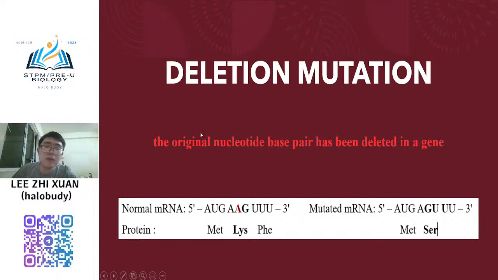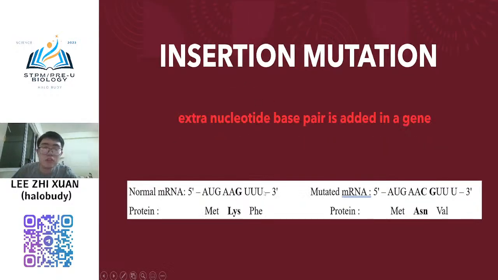Meaning that in deletion and insertion, it can be either inserting one nucleotide or deleting one, or inserting two nucleotides. It is not three. Insertion is not only one nucleotide, maybe one, maybe two. But if it only involves one or two nucleotides, it will actually give a very huge effect.